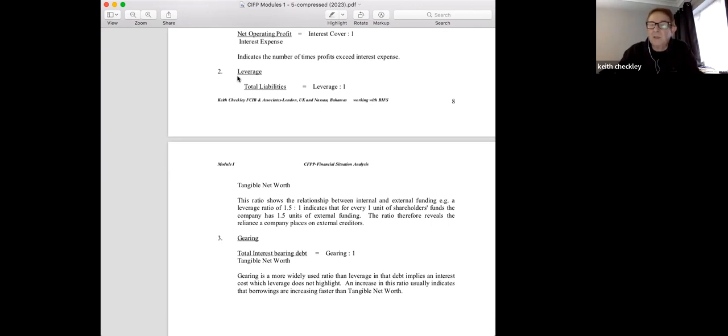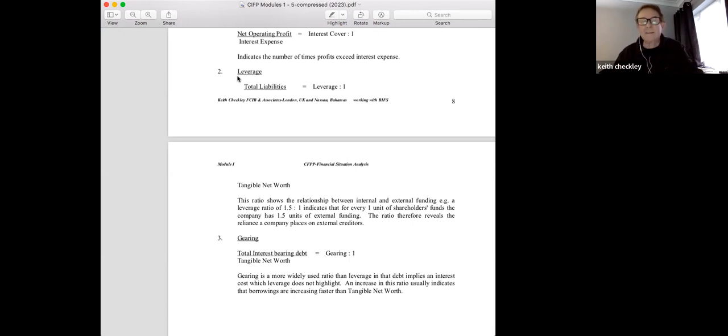But in each and every other business, other than the financial institution, leverage is looking at all the liabilities, so not just current liabilities or long-term, all the liabilities together divided by the net worth position. So that will illustrate to us how much liabilities are in the balance sheet relative to the net worth.